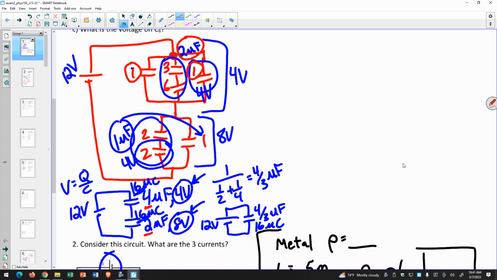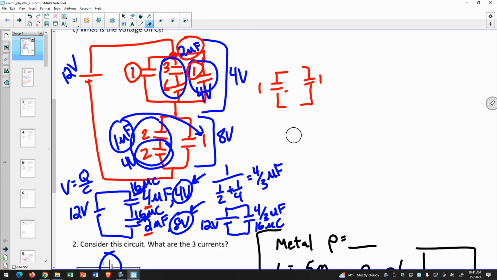Let me redraw it. Be careful because the rules switch for resistors and capacitors. So when you shift from capacitors to resistors, make sure that you're shifting your thinking.